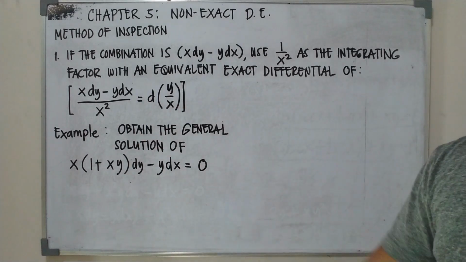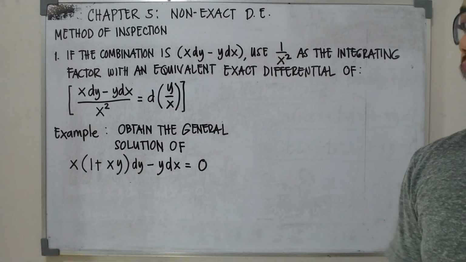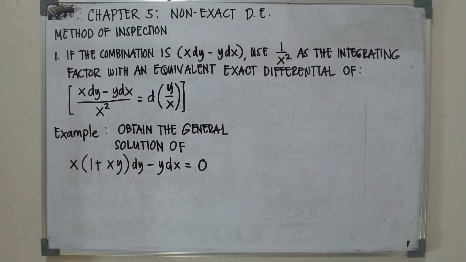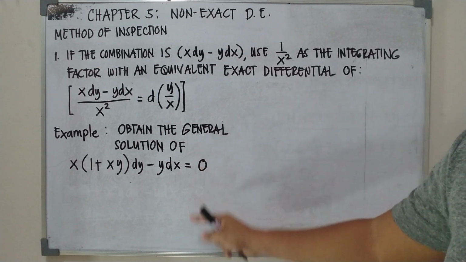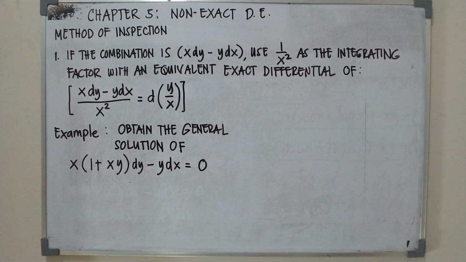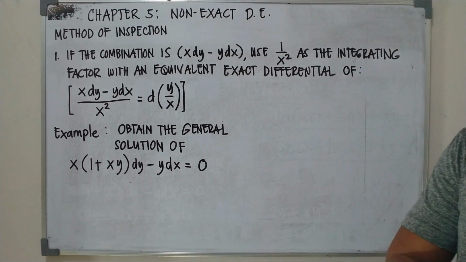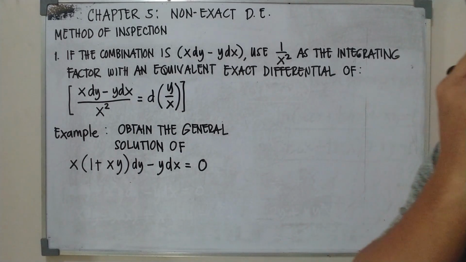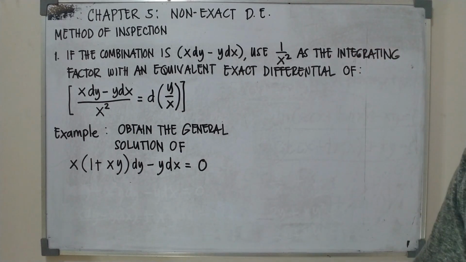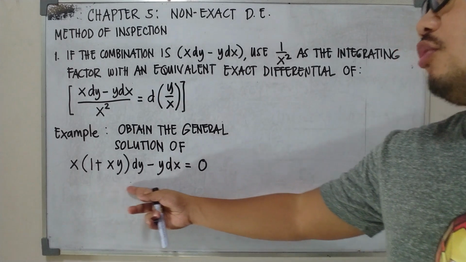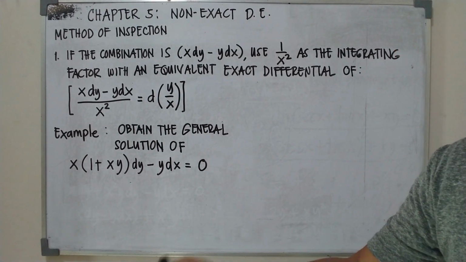For us to understand this, let us solve example number 1, or I mean an example for this particular combination. Obtain the general solution of this differential equation. Anyway, you always check if the differential equation given is non-exact or exact.